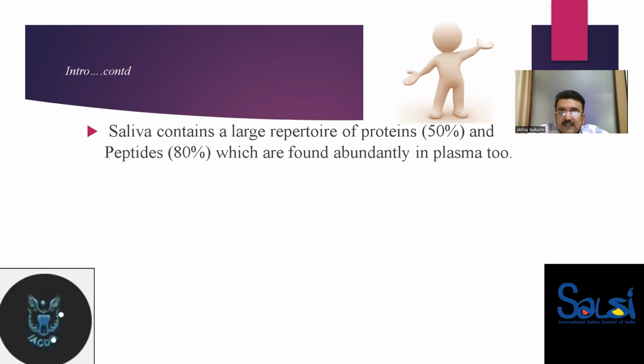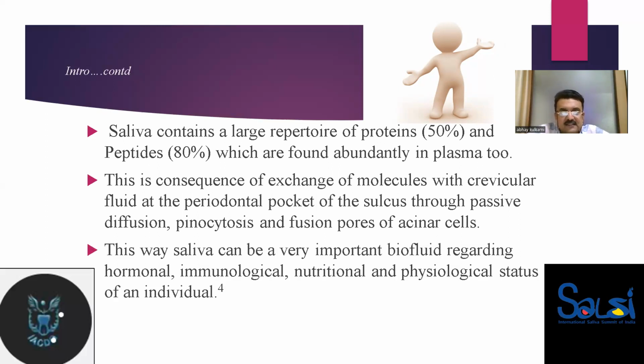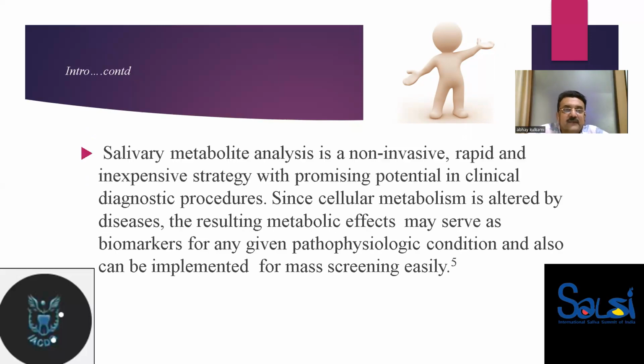Saliva contains a larger repertoire of proteins, 50%, and peptides, 80%, which are found abundantly in plasma too. This is a consequence of exchange of molecules with crevicular fluid at the periodontal pocket or sulcus through passive diffusion, pinocytosis, and fusion pores of acinar cells. This way, saliva can be a very important biofluid regarding hormonal, immunological, nutritional, and physiological status of an individual.